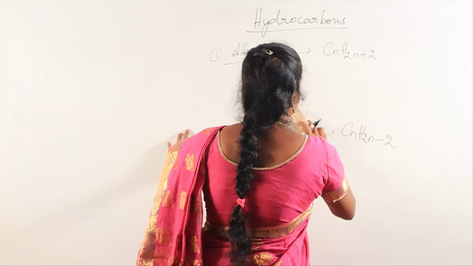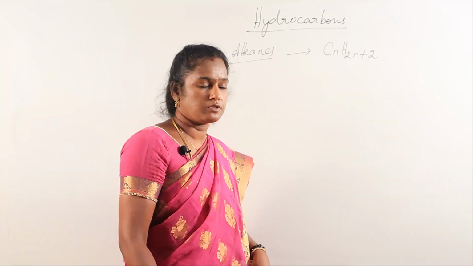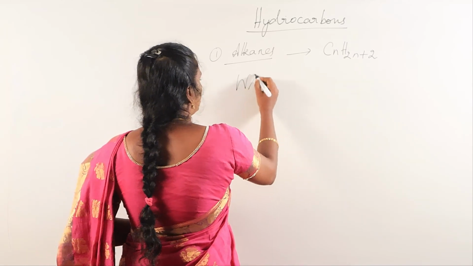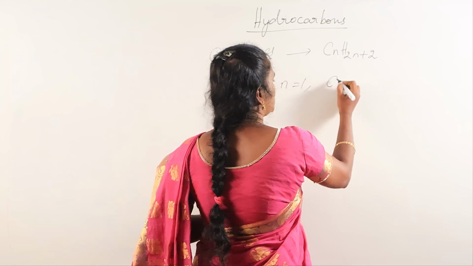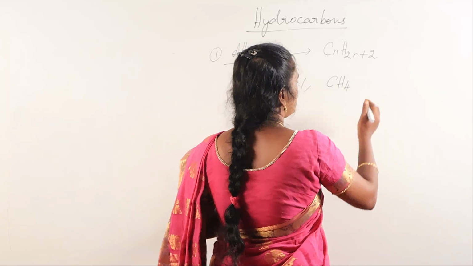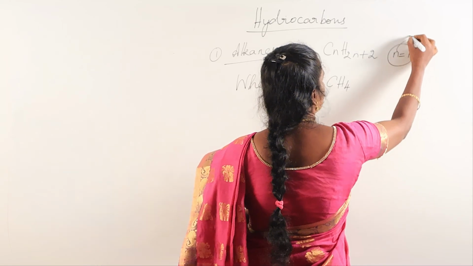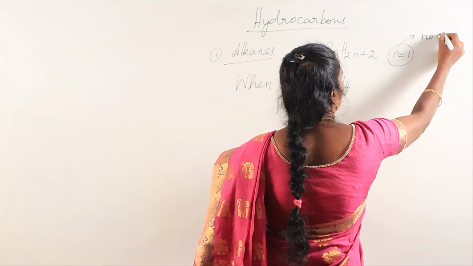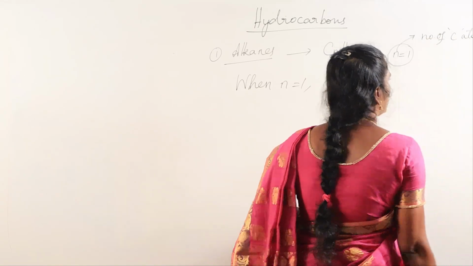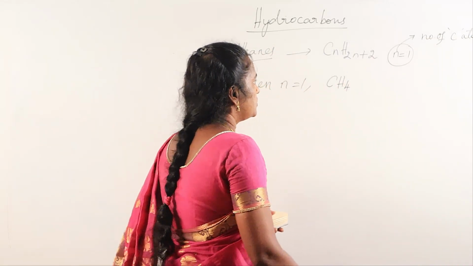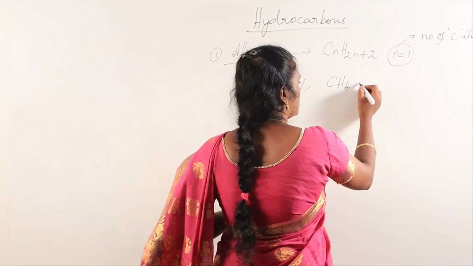From this, first we will see alkanes. Alkanes, the formula is CnH2n+2. When n is equal to 1, we get the formula CH4. n is the number of carbon atoms. We can substitute n equal to 1 and we get the formula CH4.